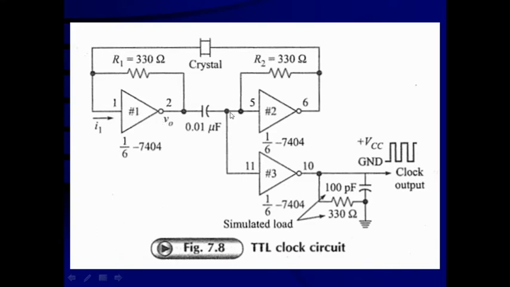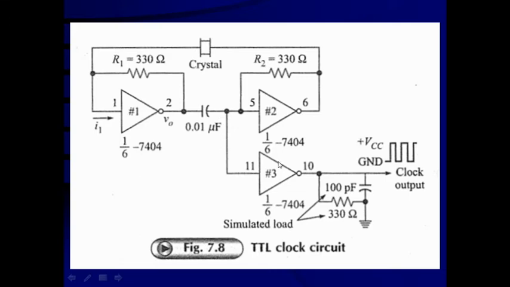This amplifier and this amplifier are AC coupled with a 0.01 microfarad capacitor. That means DC from this output is blocked, only AC goes to the next amplifier, and the required feedback is possible.